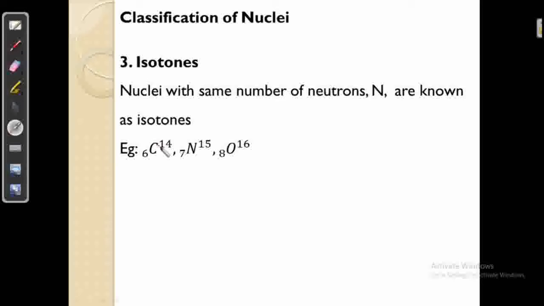But 14 minus 6 is 8, so it contains 8 neutrons. Here also 15 minus 7 is 8. Oxygen also, 16 minus 8 is 8, so it also contains 8 neutrons in its nucleus. So the same number of neutrons but different mass number and atomic number are known as isotones.